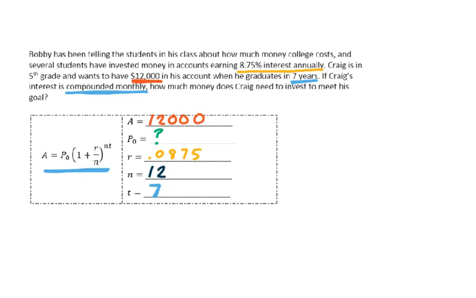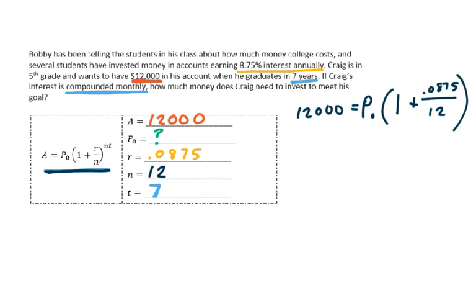Now that we've figured out each of our variables, we can substitute these values into our equation and solve for P of 0. So we have 12,000 is equal to P times (1 plus 0.0875 over 12), and we're taking that to the power of N times T, which is 12 times 7.